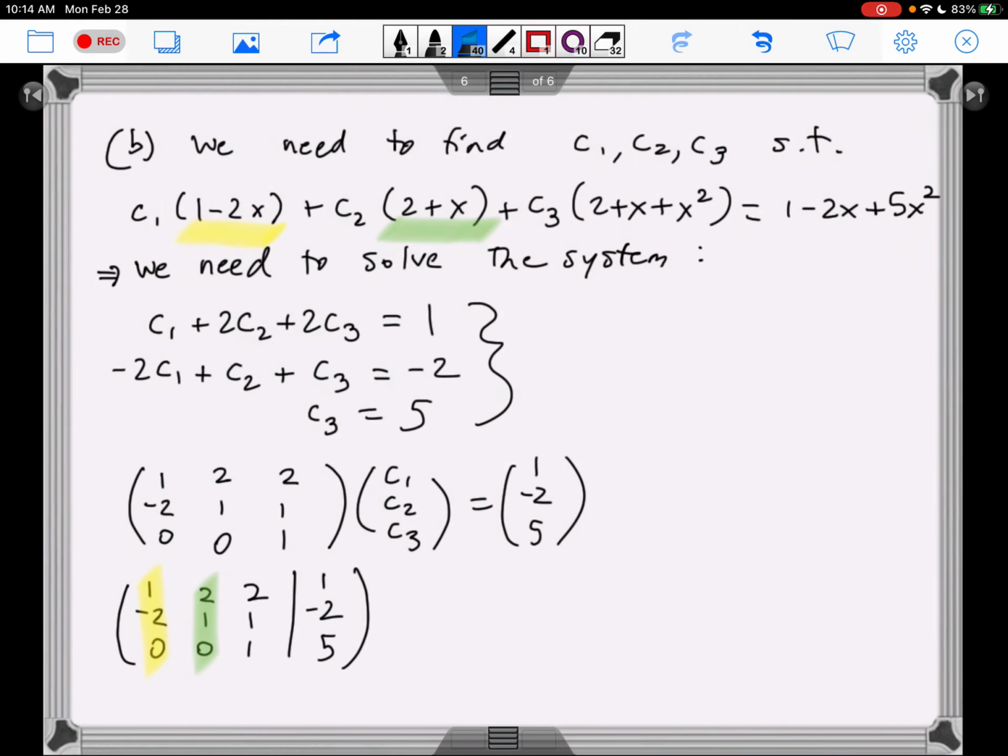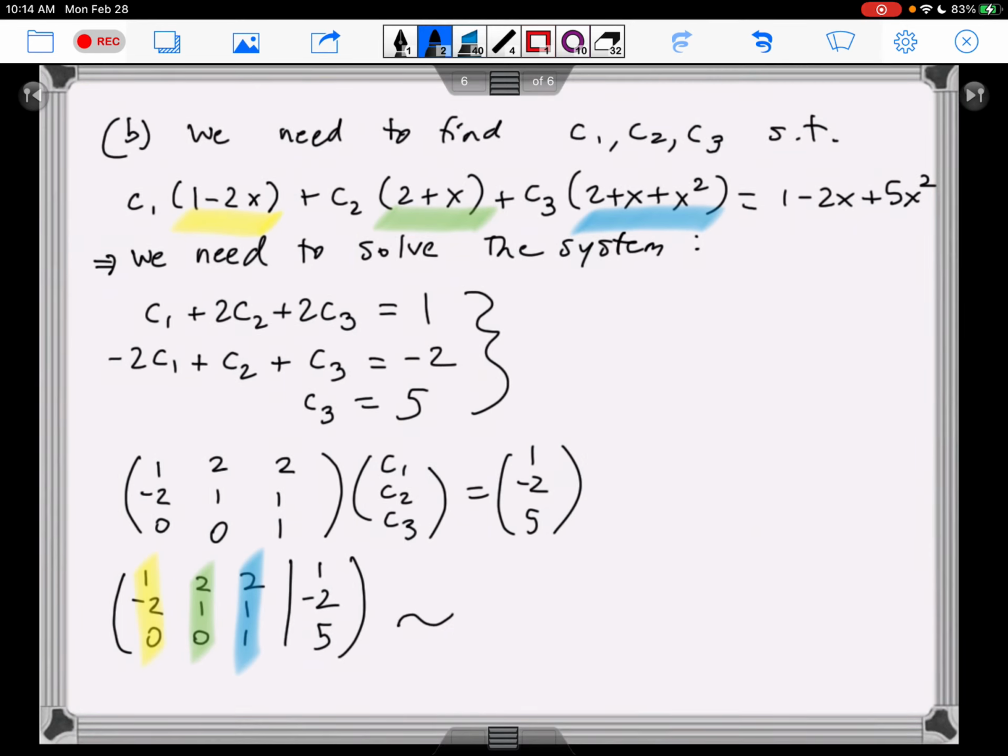And the third guy that we're highlighting ended up right here. In general, guys, that's how you do it. You just take the basis elements and you put them inside of your Gaussian elimination, the left side, essentially put it as a matrix, and then we're going to use row operations.